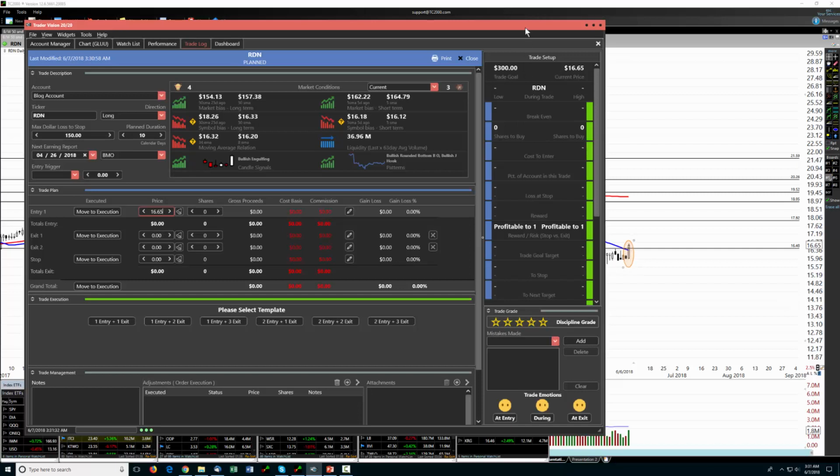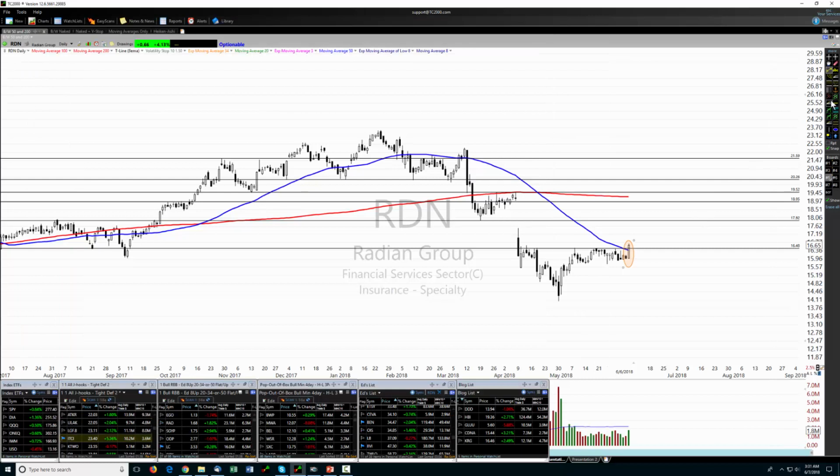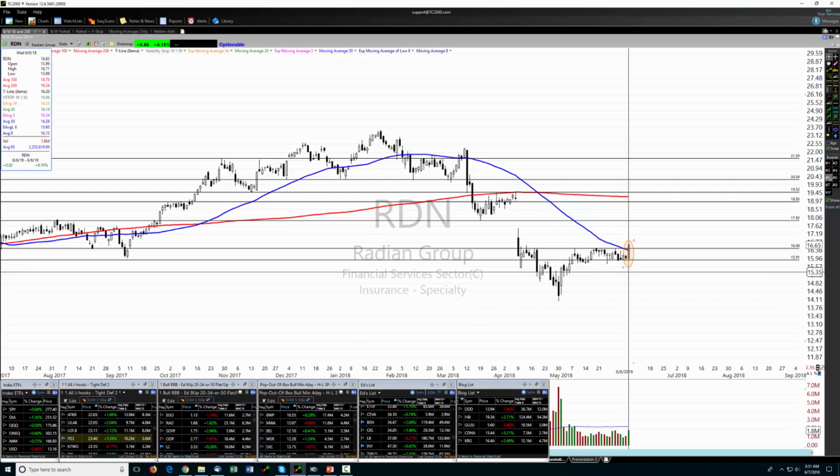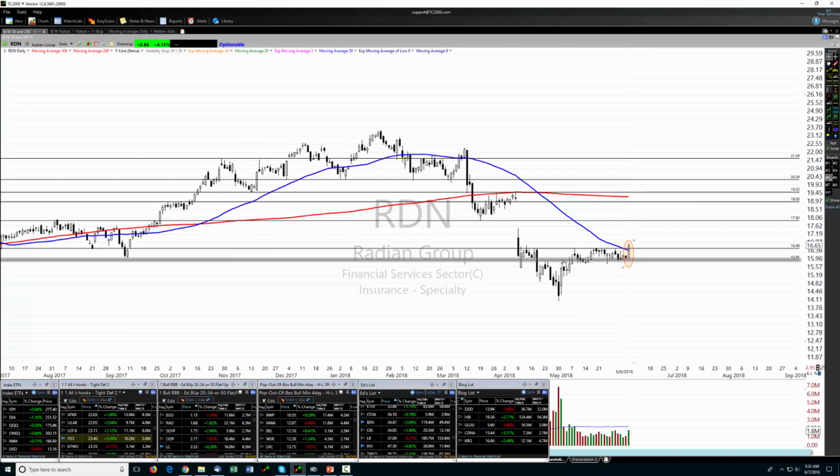You can see that we've got a nice flat level below. Let's go back here. You can see that we've got some support in there, and so that's probably going to be our stop. V-stop says about 1620. I'm sorry, 1606. So V-stop is even a touch higher than where I put it. Maybe up in there.